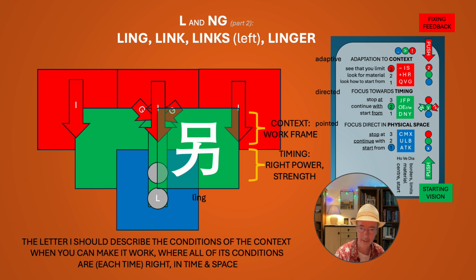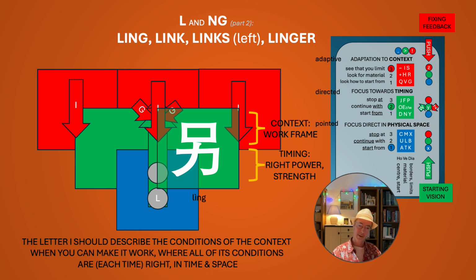So you had of course a few words. You had ling, which is described in this character. The top character fits with the frame of context. So my context is the working frame. The square is, for us, like the circle. It is the working square, the working field, which actually says, okay, this is my working frame.